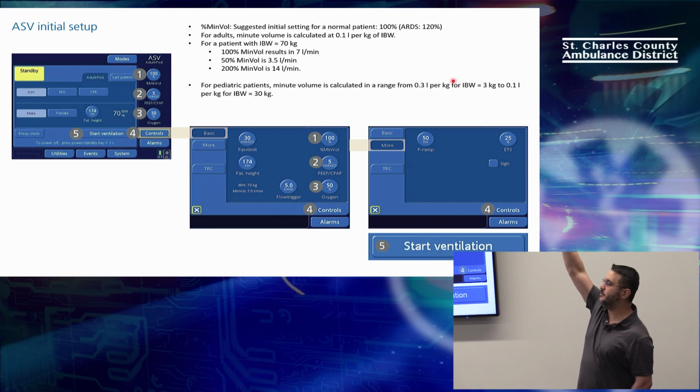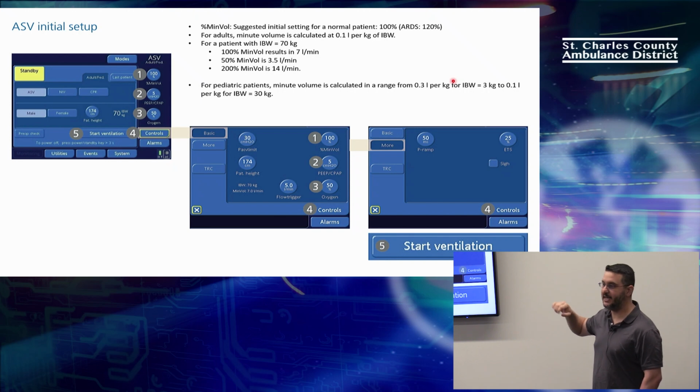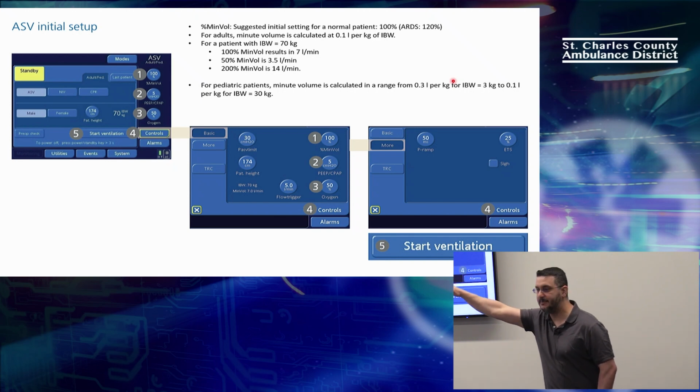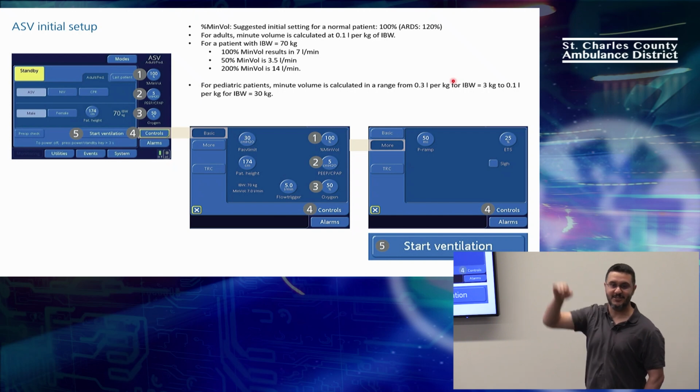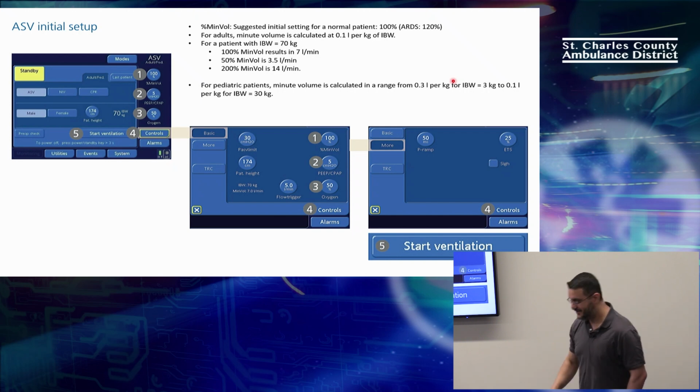Someone that's normal and doesn't need a punch in the face every single time, maybe you want to lower the ramp down to like 100 milliseconds or 50 milliseconds. Basically, it lets you change how fast you shove the air in. That's all it is. The shorter, the faster. If you put it to 0, it'll just go straight up, and it's a punch in the face. The COPD patient is happy. They love it.